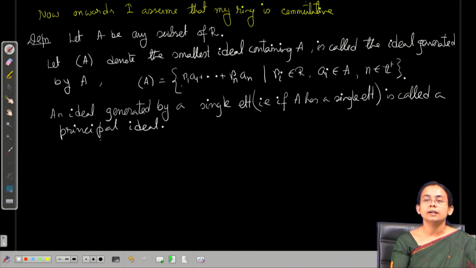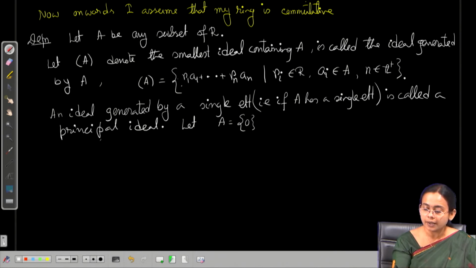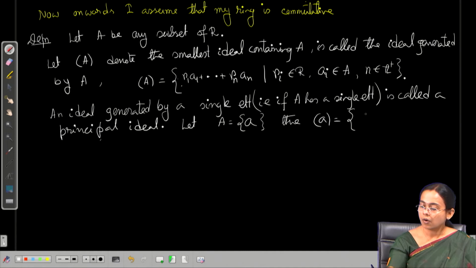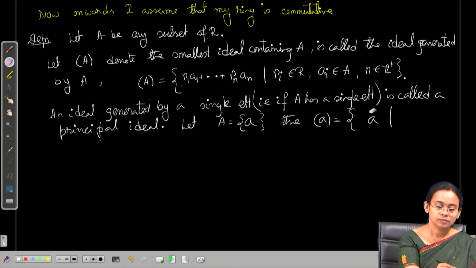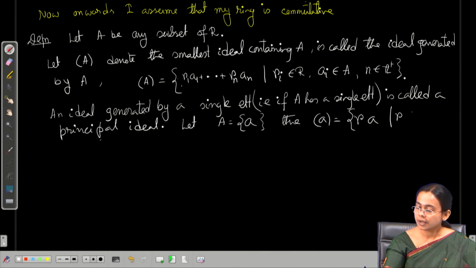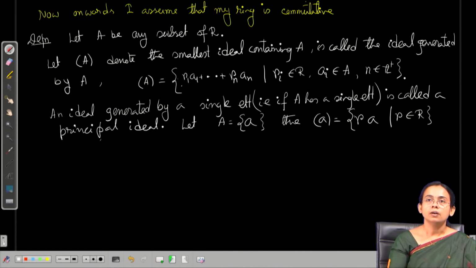So, if you have an ideal which is generated by a single element, how does it look? Let this set A have only one element a, then the ideal generated by a will be of the form r times a, such that r varies over all the elements of the ring R. So, this is called a principal ideal.